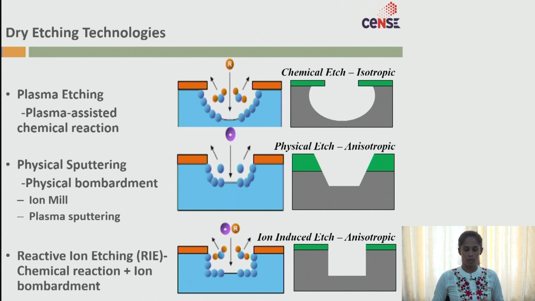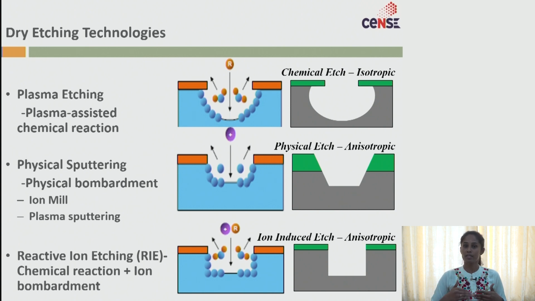Now, to overcome the disadvantages of these two, we have come up with a technique called reactive ion etching. The reactive ion etching method is a combination of both chemical reaction and ion bombardment. In the last image we have both ions and radicals in the plasma.